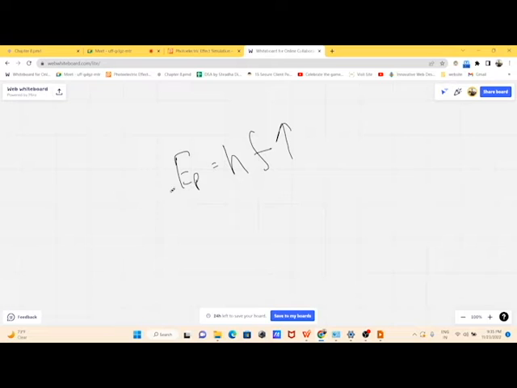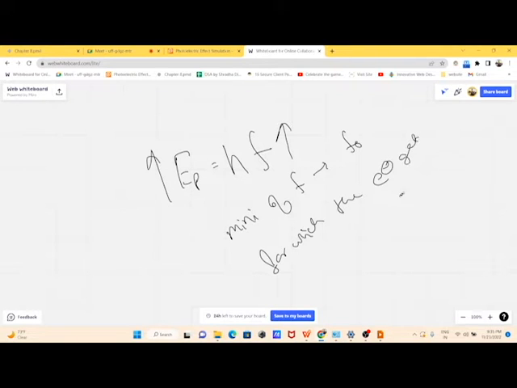As we increase f, energy increases. So the minimum value of f, that is f naught, for which the electron gets emitted, that is called the threshold frequency.